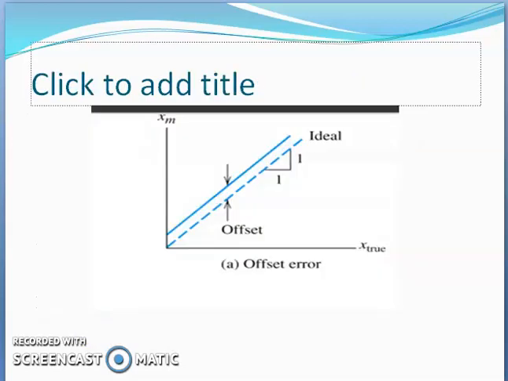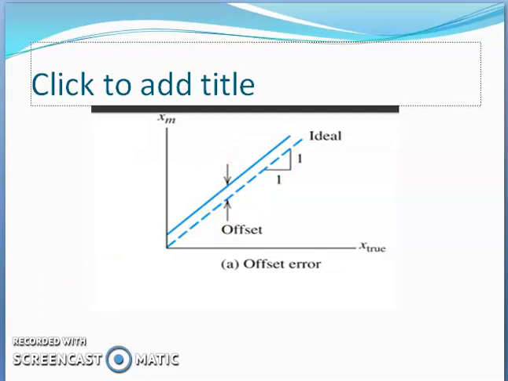In the case of zero error, the error is constant all over the entire range of the measurement system. That is, in the difference between the ideal and output curve, there will be a constant value that we get.